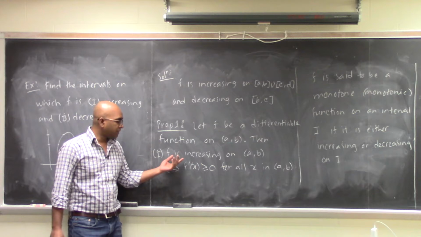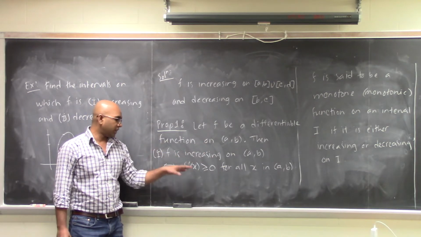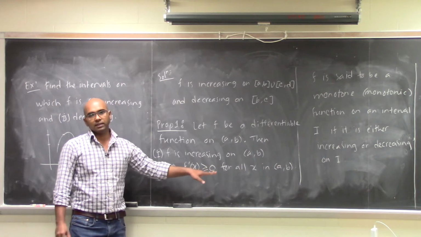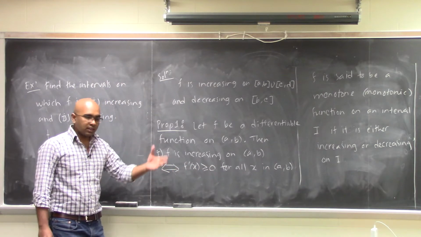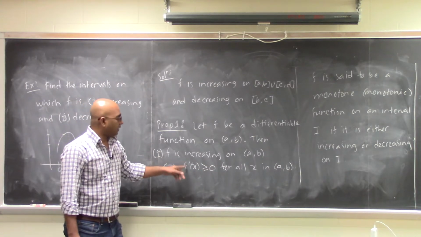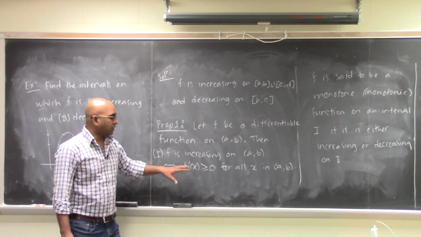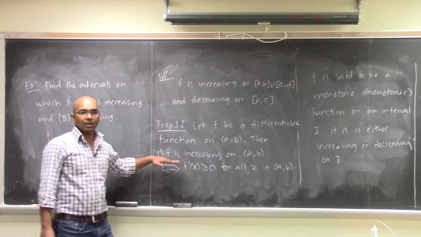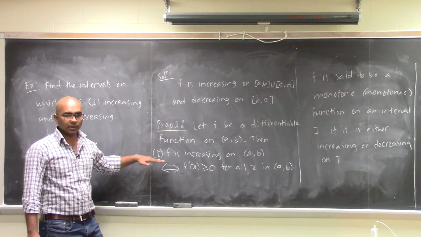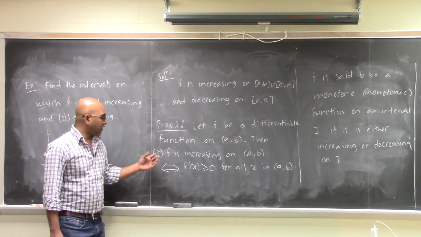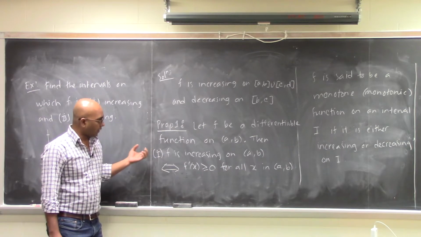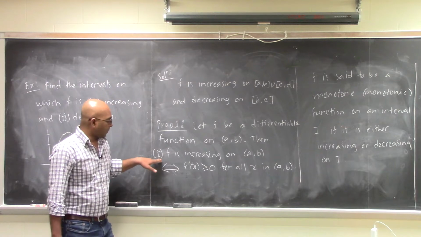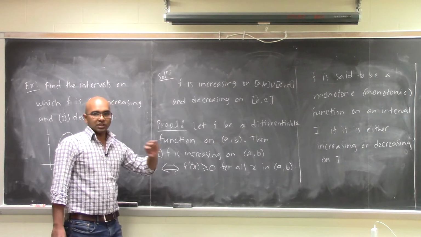It says that if f is increasing on that interval, then its derivative will be either positive or 0 for every x in that interval. Conversely, if the derivative of f is positive or 0 for every x in that interval, then f is increasing on that particular interval. Okay, and part 2 is just the same version of that for decreasing, and then the sign of this inequality will just flip.